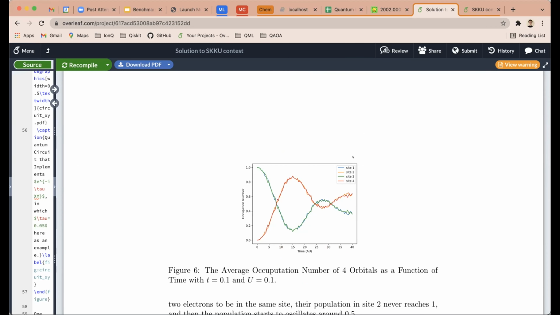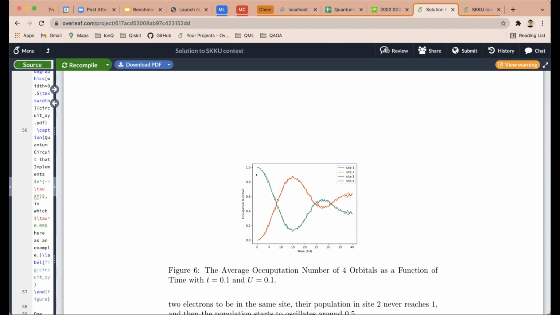And you can see this is much different than the dynamics we see when U is much smaller than t.